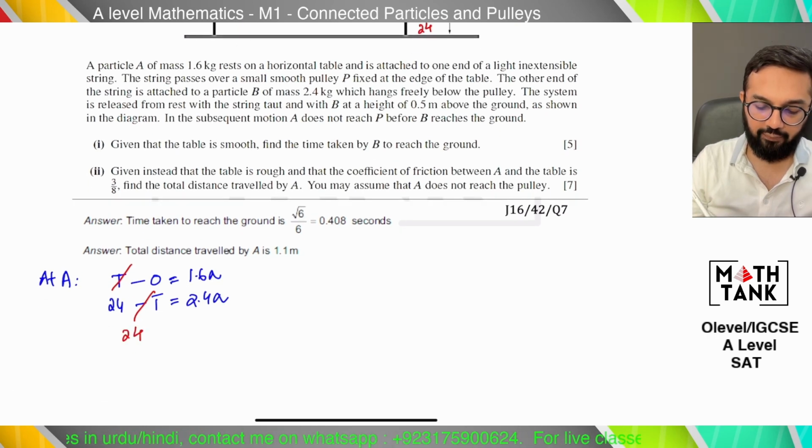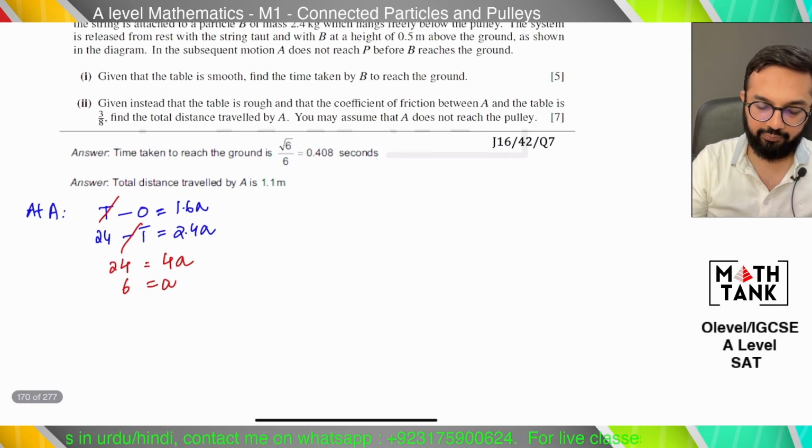So 24 equals 4a, which gives the acceleration as 6.